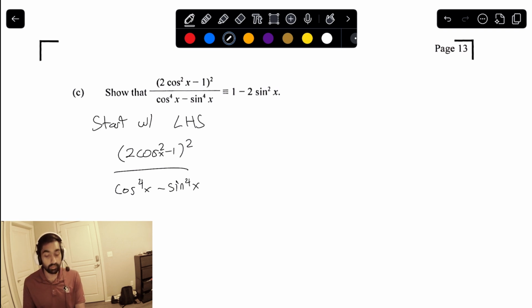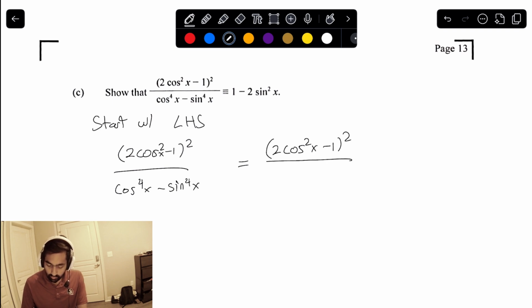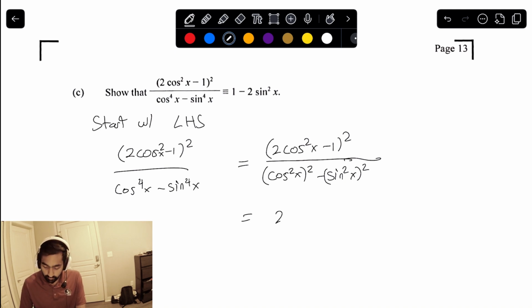The denominator is a difference of squares. What that means is I can write it like this: (2 cos squared x minus 1) squared all over (cos squared x) squared minus (sine squared x) squared. And a squared minus b squared is equal to a minus b times a plus b.